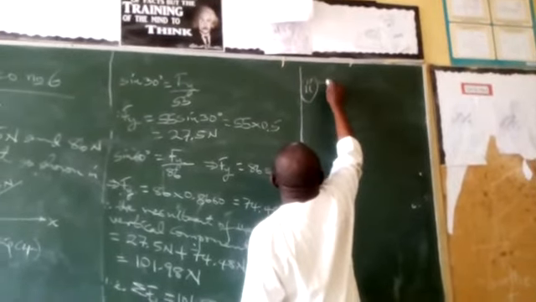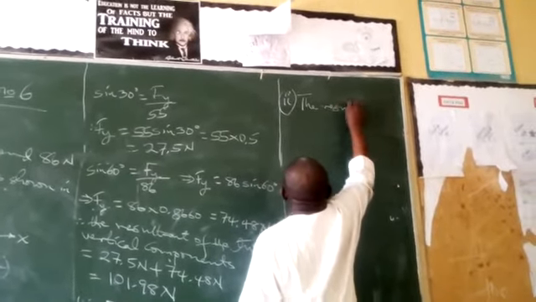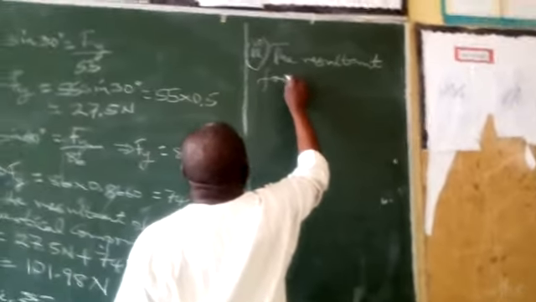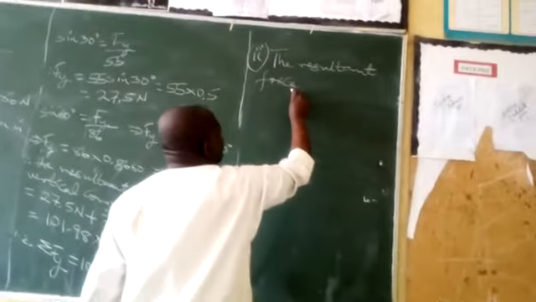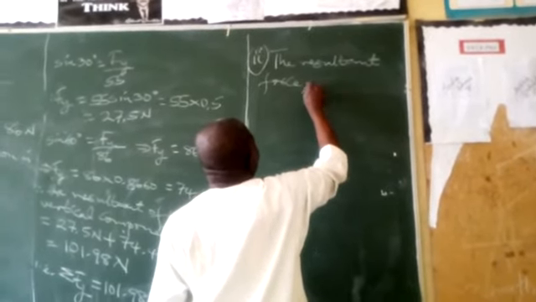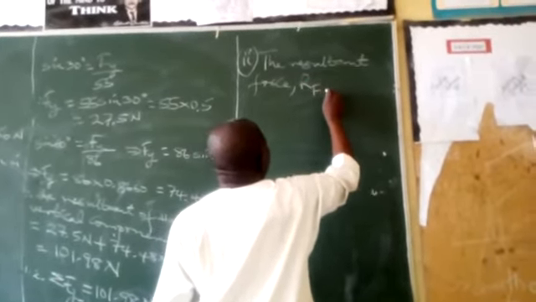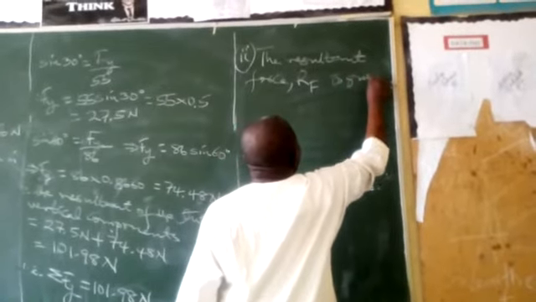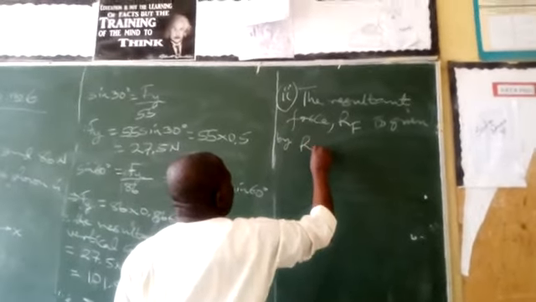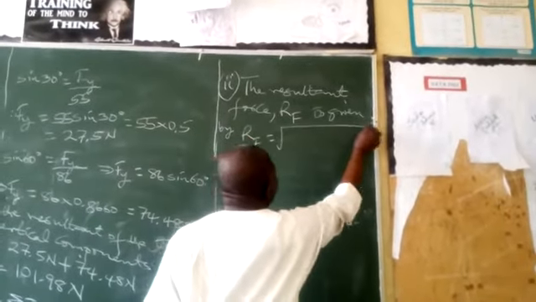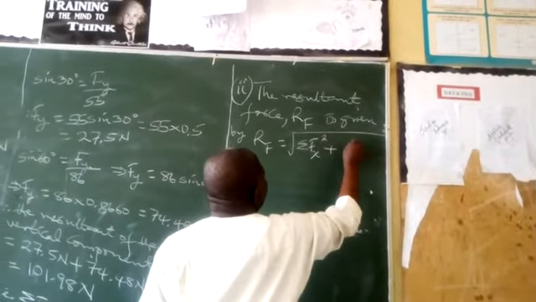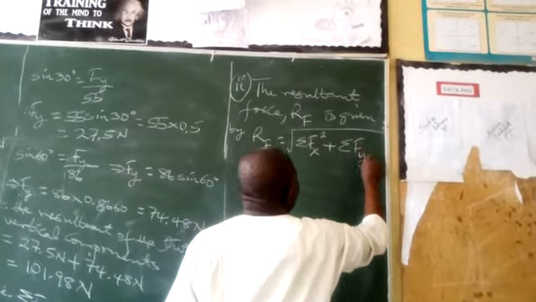The resultant force R sub F is given by the root of summation F sub x squared plus summation F sub y squared.